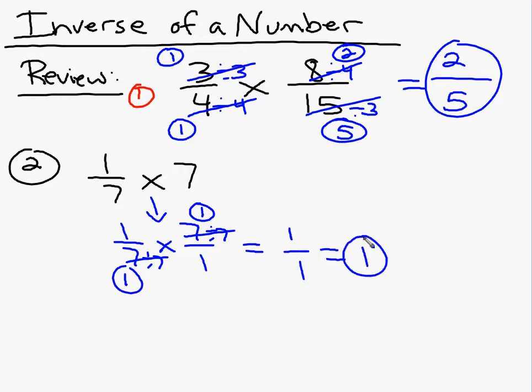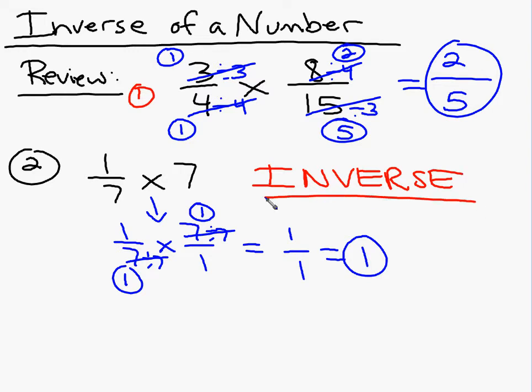That situation right there is what we call, and let's mark it up here by where we started, this is called the inverse. If I multiply a whole number times 1 over that whole number, I'm always going to get 1. We can actually write this as a rule.